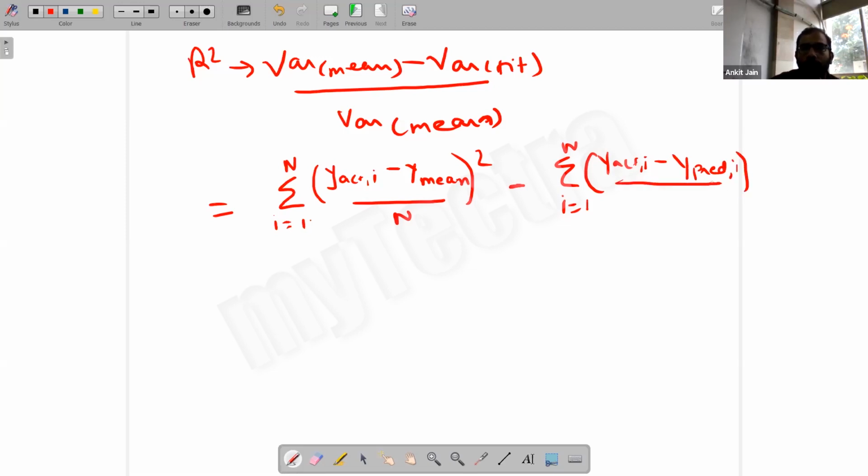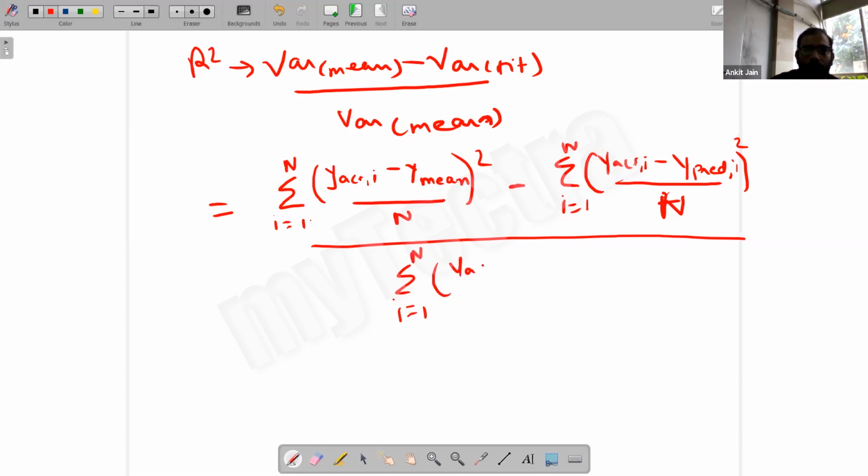This is for the line now. Whole square, by n, whole square, divided by sigma i equal to 1 to n (y act i minus y mean) upon n whole square.